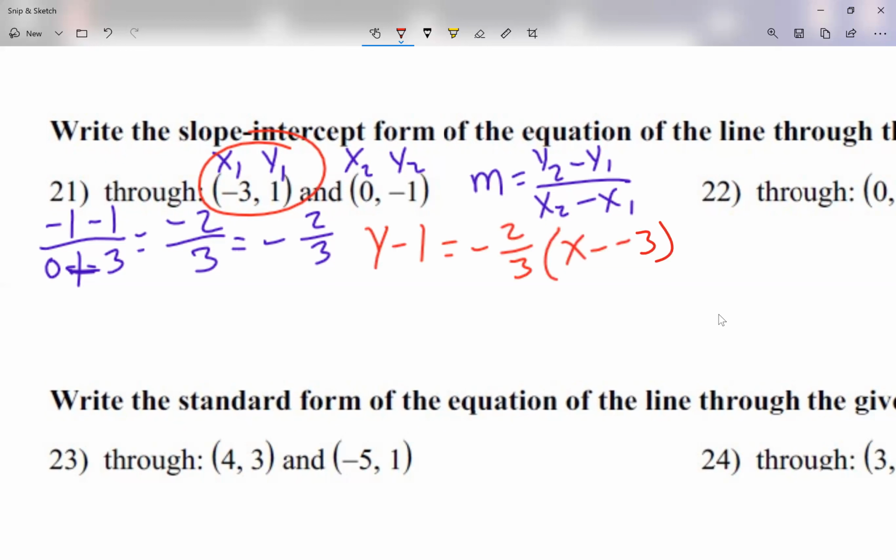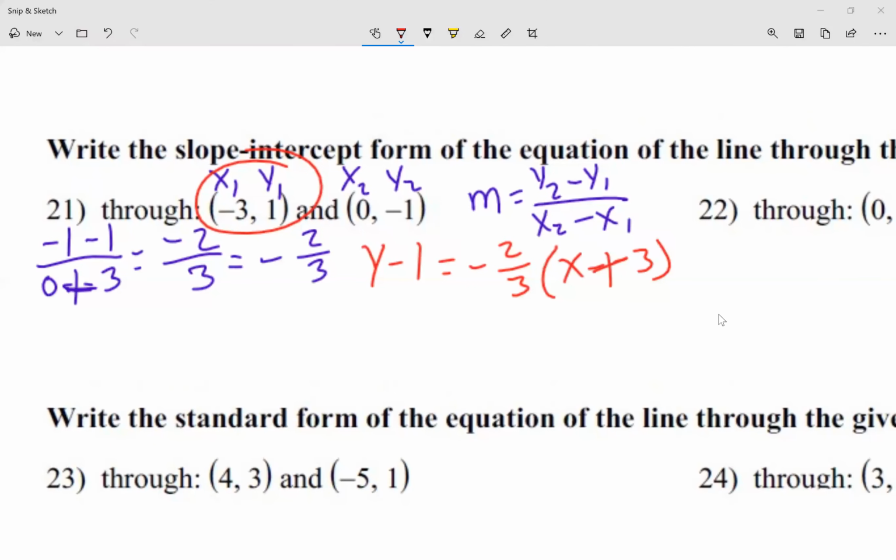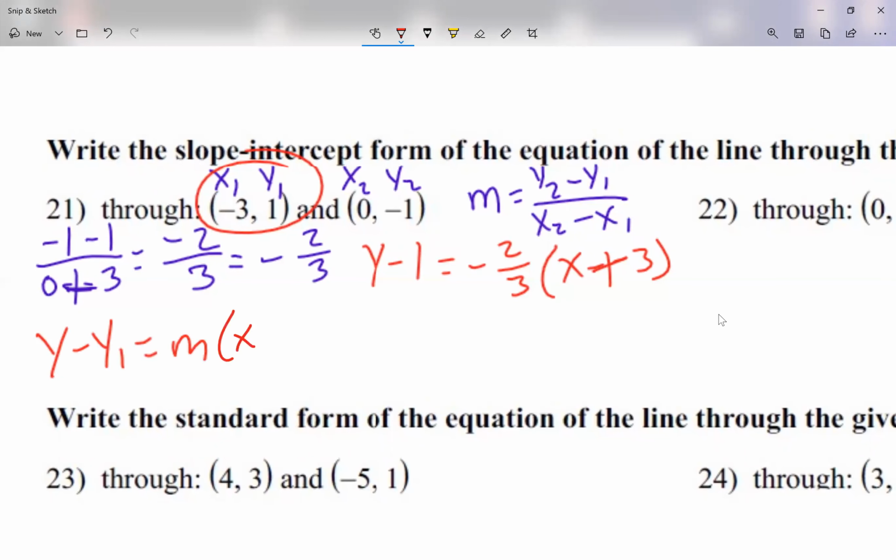You can call that x plus 3. Remember how yesterday, when we had a point and a slope, we used the formula y minus y1 equals m times x minus x1.